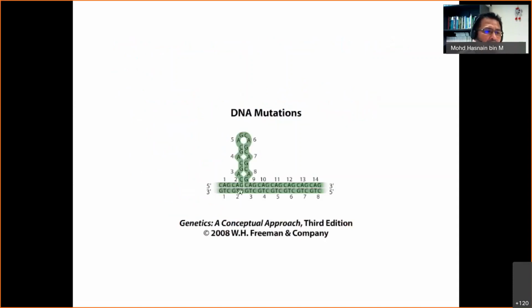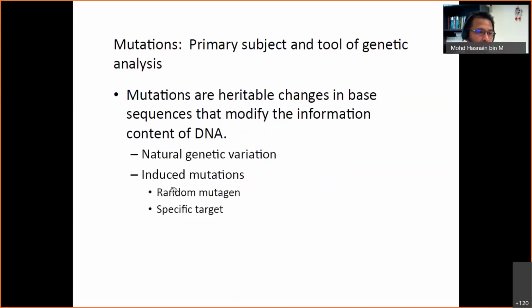These are examples of how mutation can occur even without any mutagen. So you can see random mutation can occur by mutagen and also without mutagen.